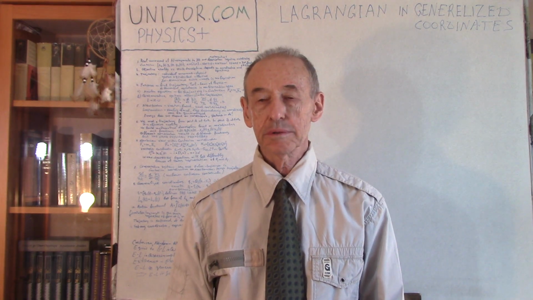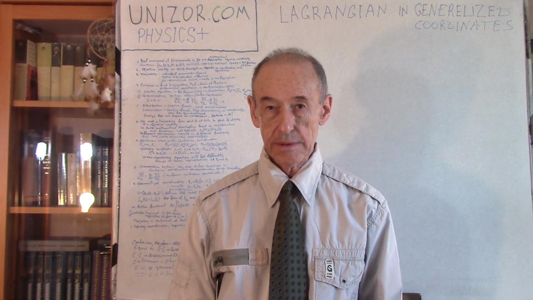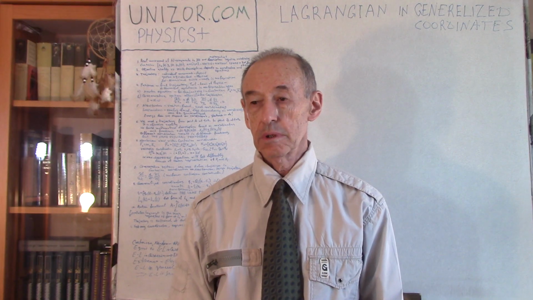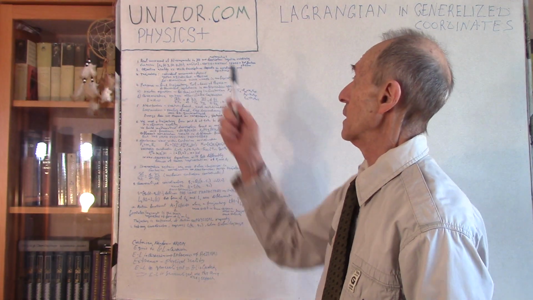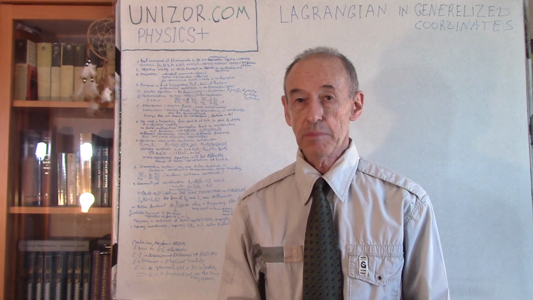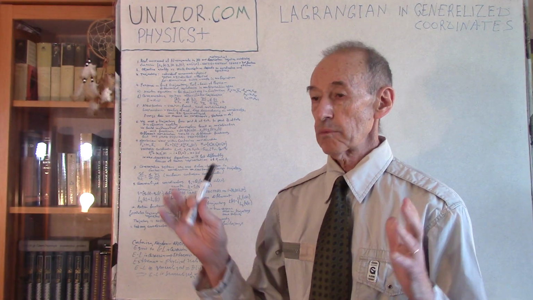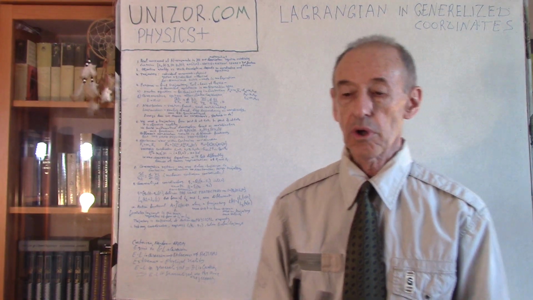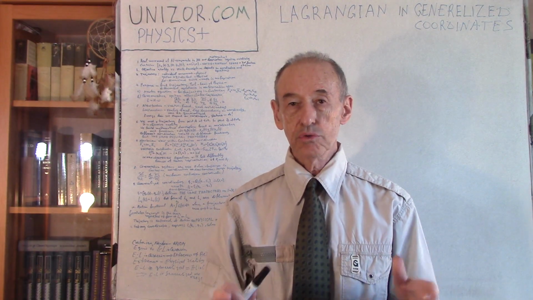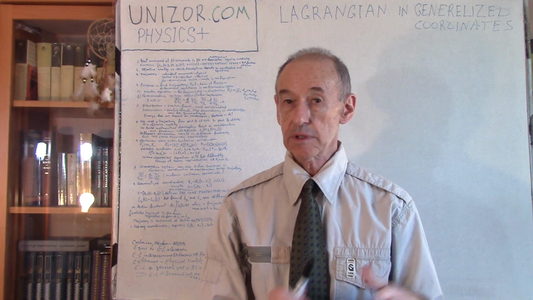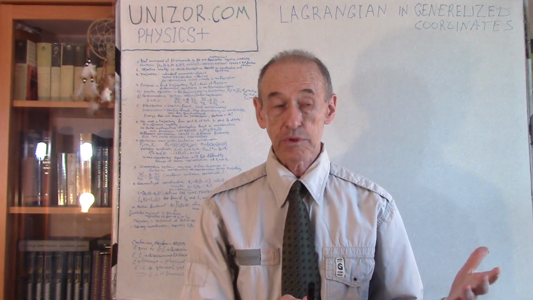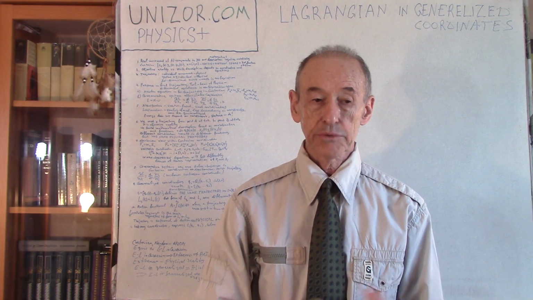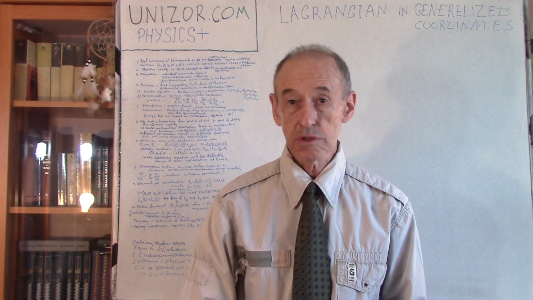Today we will talk about Lagrangian in generalized coordinates. This lecture is part of the course called Physics Plus, and in particular the whole chapter is about Lagrangians. We have already covered certain topics about Lagrangian, and I presume that you know everything we were talking about before, and that includes, for example, variations.